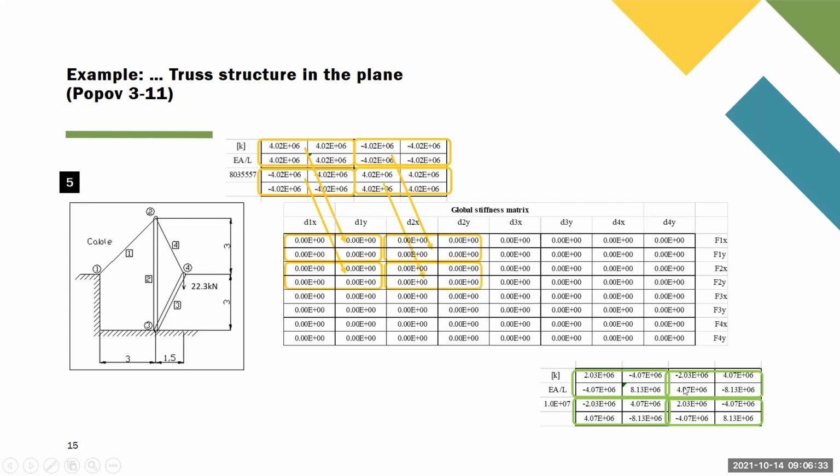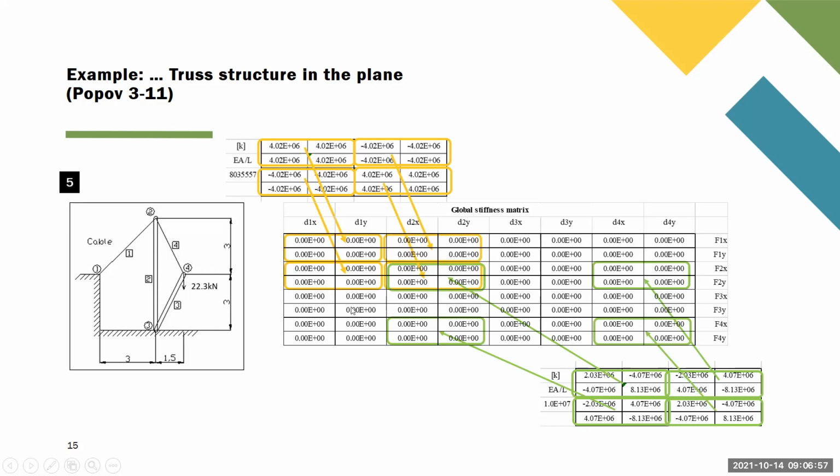And this one here, you see that this relates force 2 and multiplied by the second displacement. But this one here is second force, but multiplied by the fourth displacement. So it goes here. This one here, and the rest one has to be here.